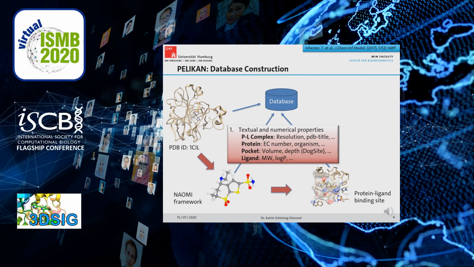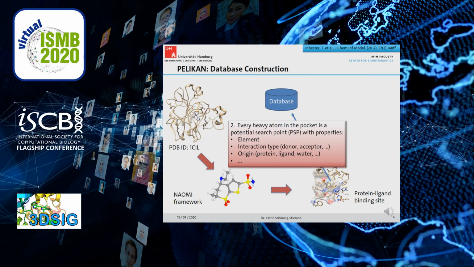For the complex, many textual and numerical properties are then stored, like the resolution and PDB title, the EC number of the protein, properties of the pockets, and physicochemical properties of the ligand.